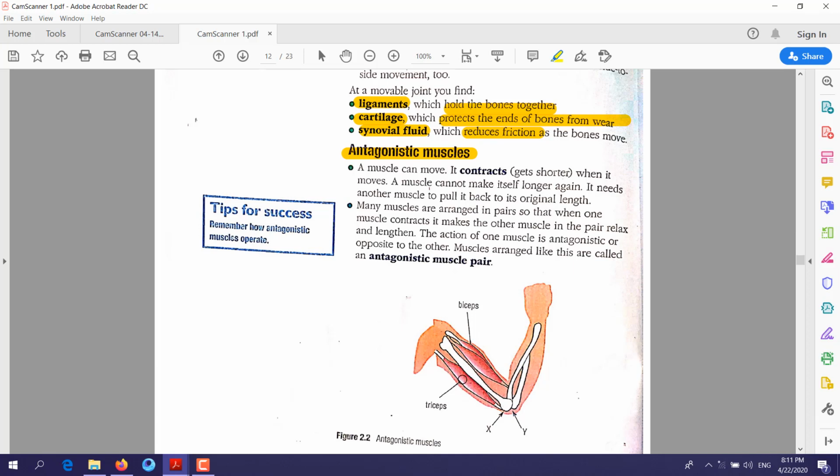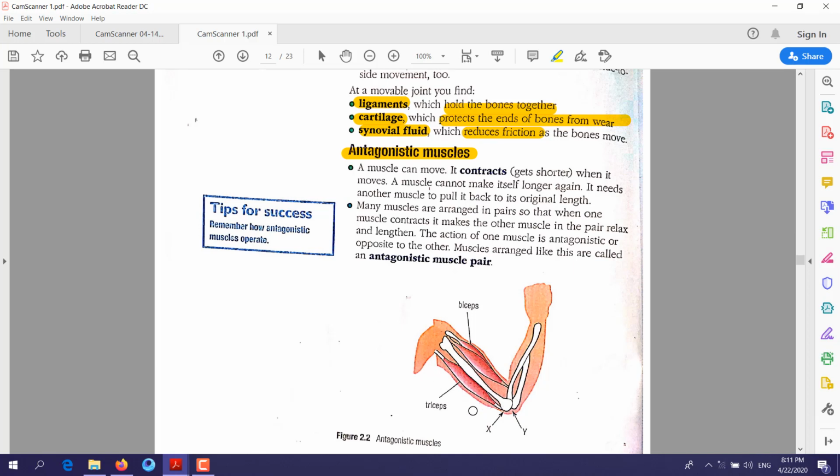These two muscles work together, but they work in opposite to each other. When the biceps contracts, gets shorter, what will happen to the triceps? The triceps should relax.